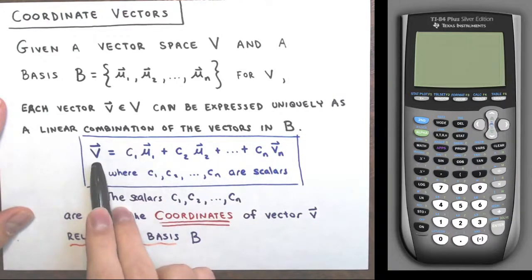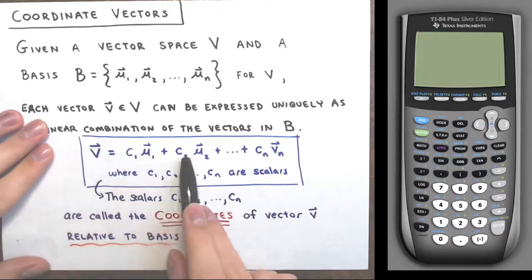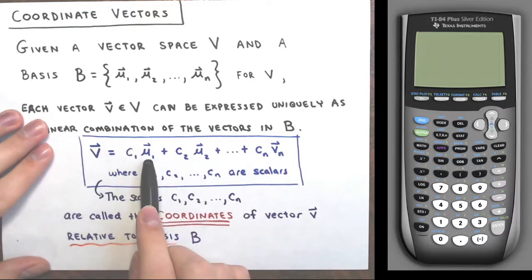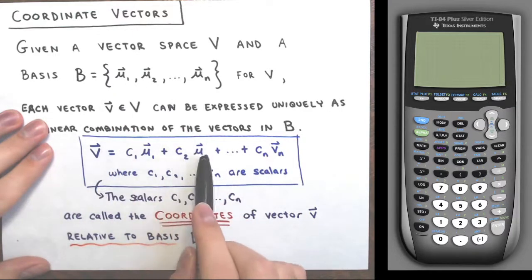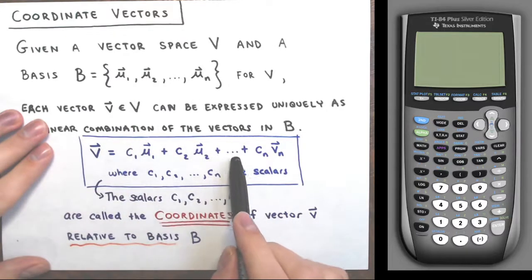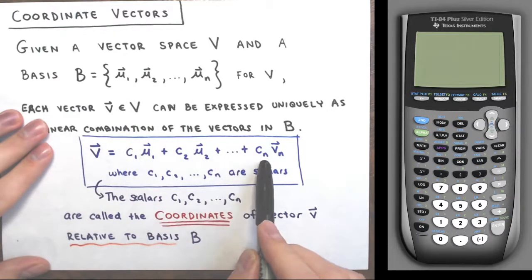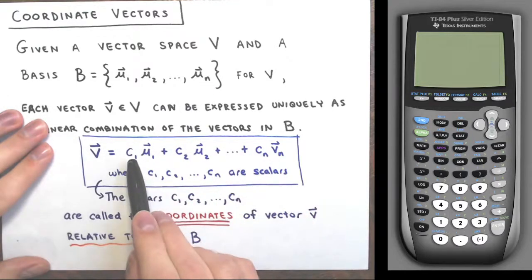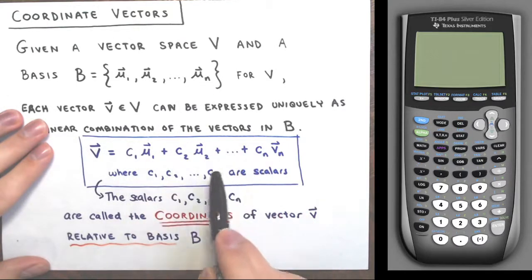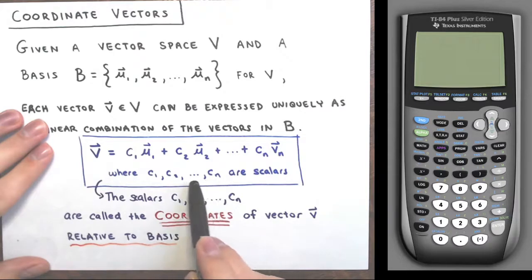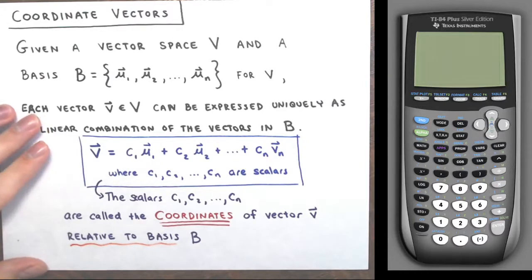So vector v, again any vector from the vector space, should be able to be written this way, as c1 times u1 plus c2 times u2 plus all the way up to cn times un, where c1, c2, through cn are the coefficients of the vectors, which are scalars. If a particular scalar set isn't mentioned, we'll just say the real numbers. So these are real numbers, c1 through cn.